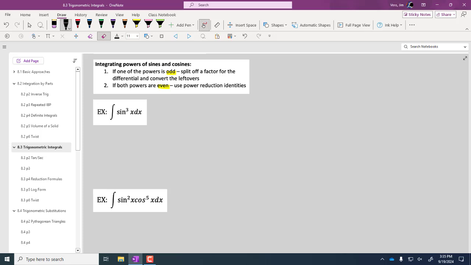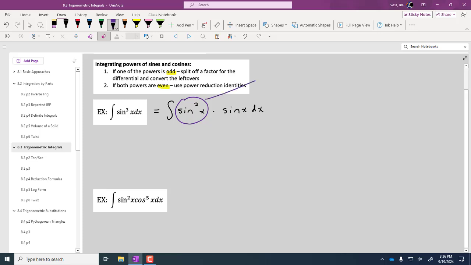So we're going to make this a power of 2. We're pulling one off and grouping it with the differential. So those are the leftovers. All right, so odd power, split off a factor for the differential and convert the leftovers.